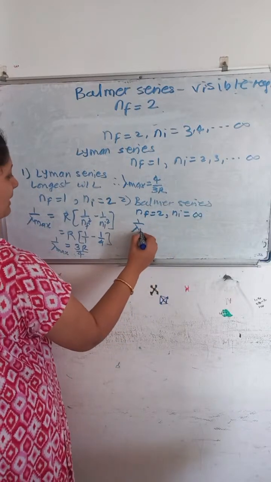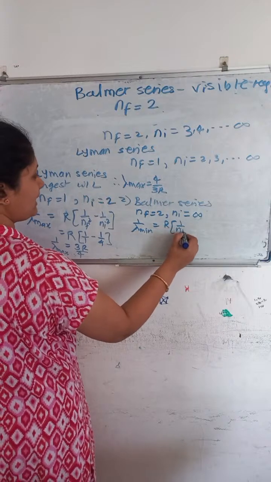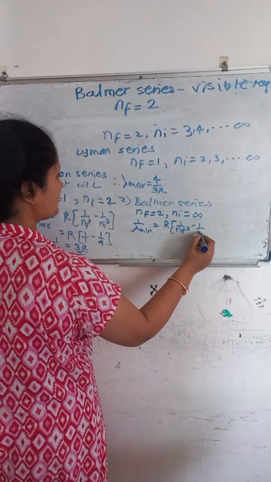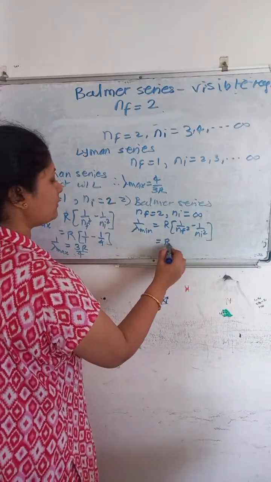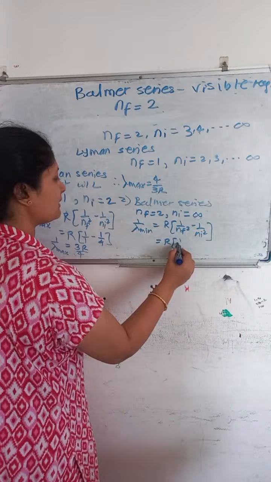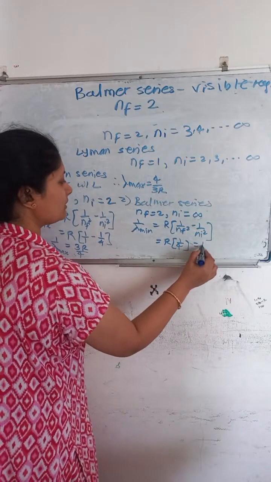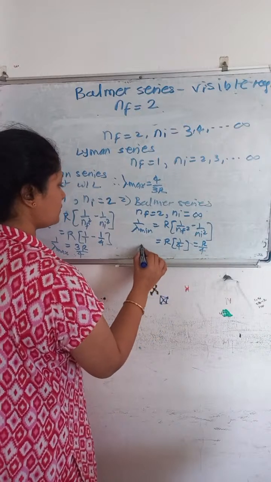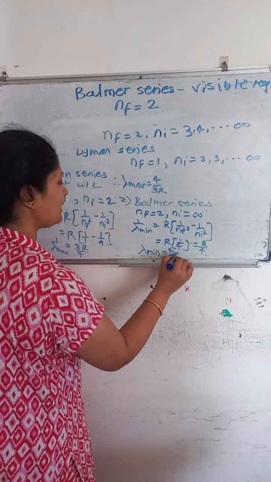So again 1 by lambda minimum is equal to R times nf square minus ni square inside the bracket. Don't put the value for R. 1 by nf square is 1 by 4, and 1 by ni square becomes 0, so R by 4. So lambda minimum, if we reciprocate it, is 4 by R.